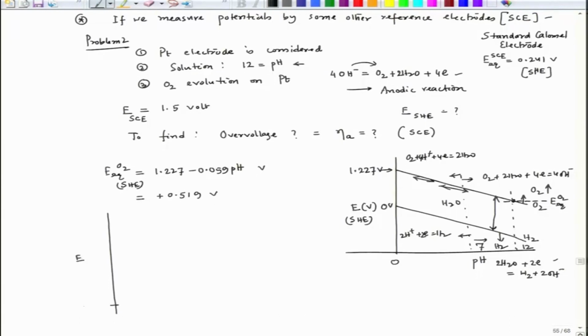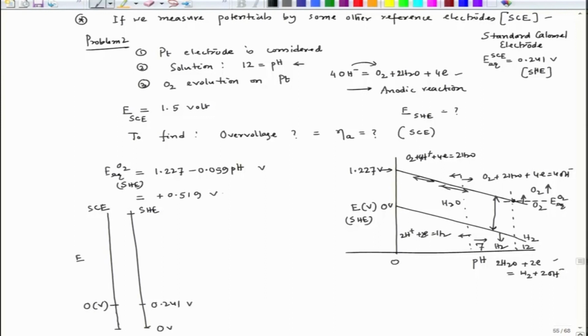Now, standard calomel electrode has a potential of plus 0.241 volt with reference to hydrogen electrode. Let us say this side is the standard calomel electrode, and this is the hydrogen electrode. With reference to standard hydrogen electrode, this is 0 volt and here this is 0.241 volt.